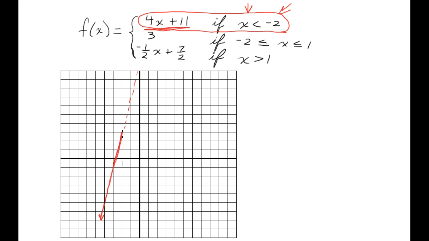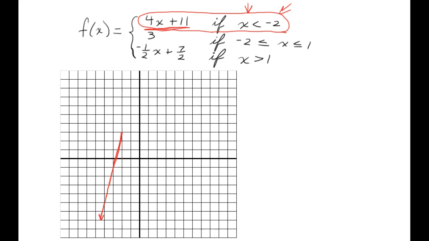So that's just down here. If this is -2 right here, anything to the left of that, then we use that piece, 4x plus 11. Anything to the right of that, we're not really graphing. So I just put that dashed line in to show that 4x plus 11, but we're not really graphing that whole thing. So we'll turn that off.